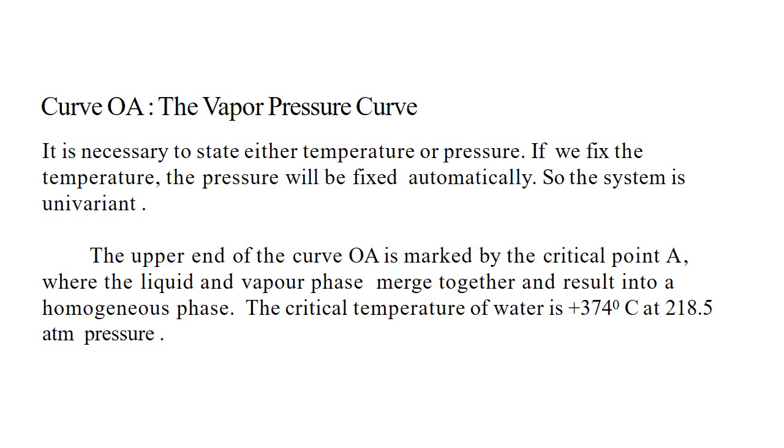Beyond this point, the density of both phases, the liquid and the gaseous phase, will be the same, and that area consists of a homogeneous phase. The gaseous phase becomes indistinguishable from the liquid phase beyond the critical point, or we can say beyond the critical temperature and pressure.